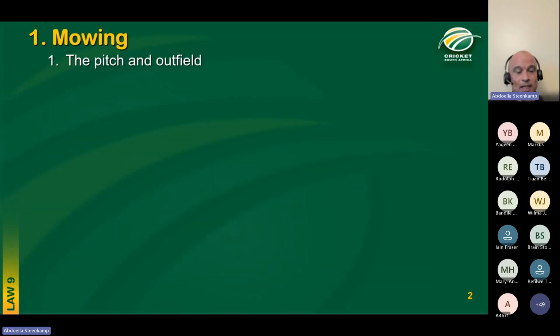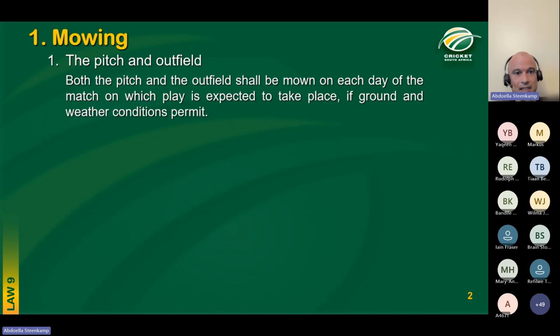It starts off with mowing. Before the game starts, the curator will mow the pitch and the outfield, but once the game has started, the law guides us. Both pitch and outfield are to be mown on each day of the match on which play is expected to take place.